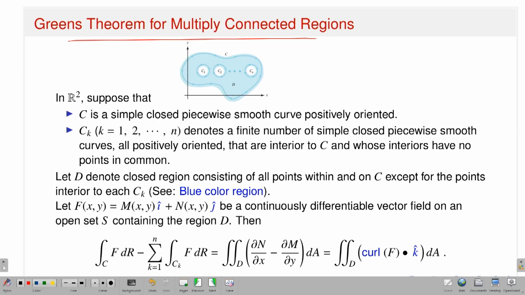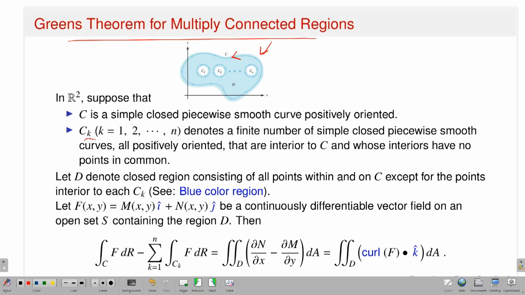Suppose I have a simple closed piecewise smooth curve in R2, which I denote as C, the bigger one. And let Ck be finitely many simple closed positively oriented smooth curves that lie in the interior domain enclosed by contour C.